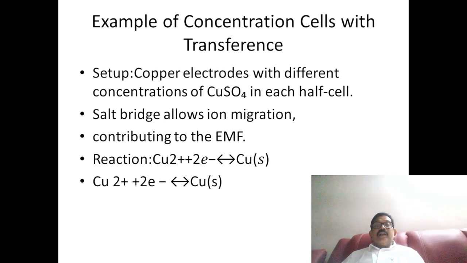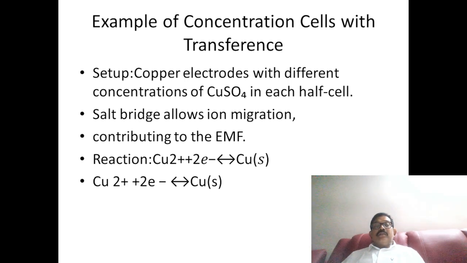Copper electrode with different concentrations of copper sulfate in each half cell, and a salt bridge allows ion migration, contributing to the EMF. So the reaction is Cu2+ takes 2 electrons and gives copper solid, and copper solid gives 2 electrons and gives Cu2+ ions. So this process is in equilibrium.